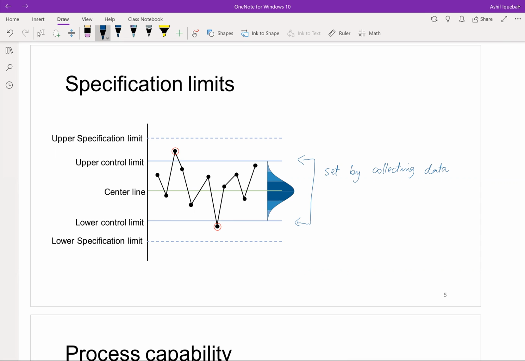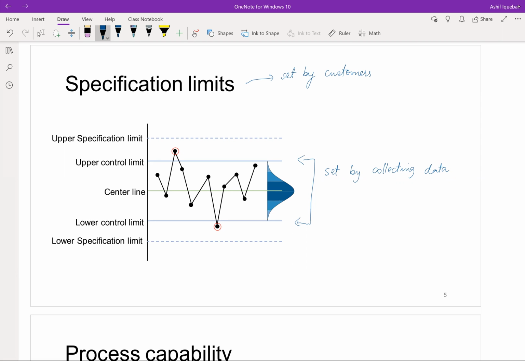We typically collect data, and then from the data, we specify these limits. On the other hand, specification limits are set by customers. The customer in the previous example was General Motors. Remember that. So specification limits are not based on any data. These are based on just some standards that the company or the customers have set.